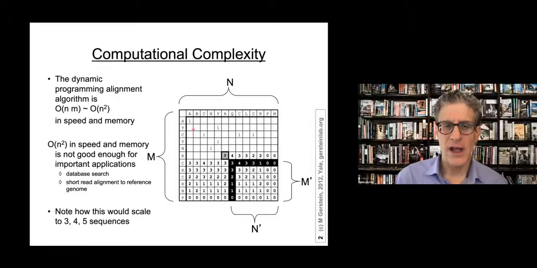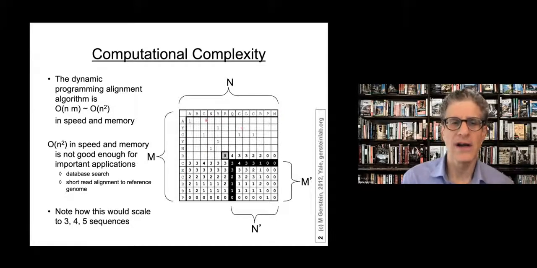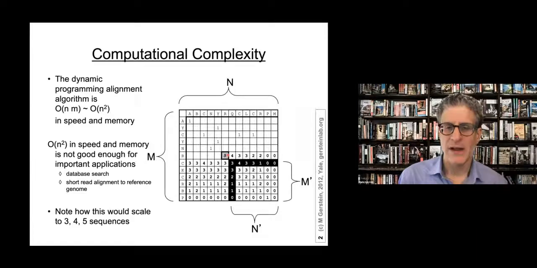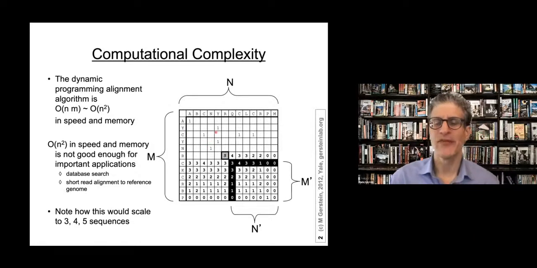Well, you can see that with the size of the input sequences, if this sequence is length m and this sequence is length n, the amount of stuff you have to store and the number of cells you have to go through just to fill this initial matrix is n squared times, right, to fill this thing, okay?